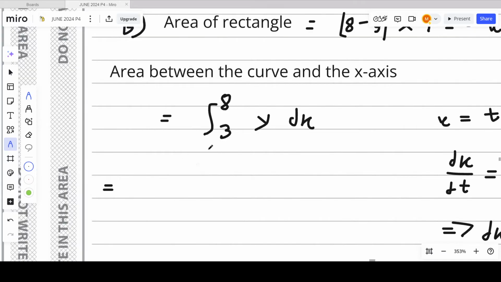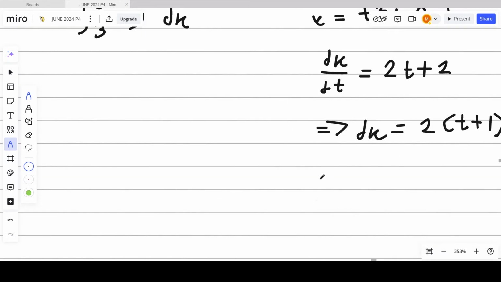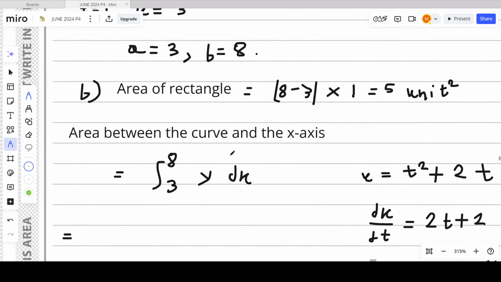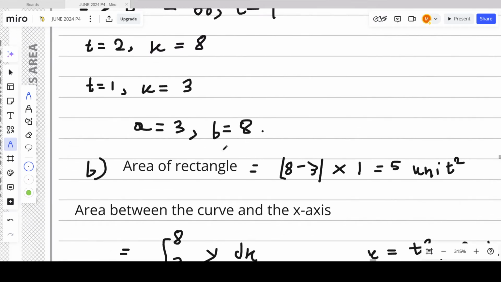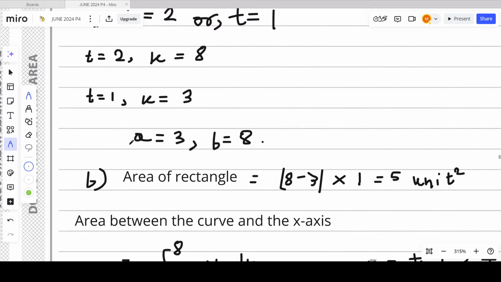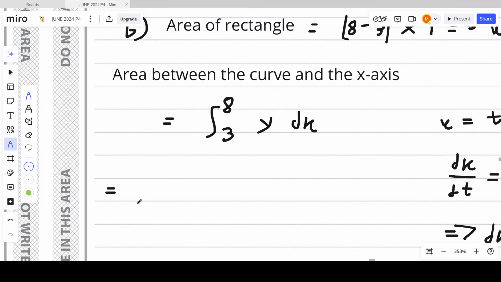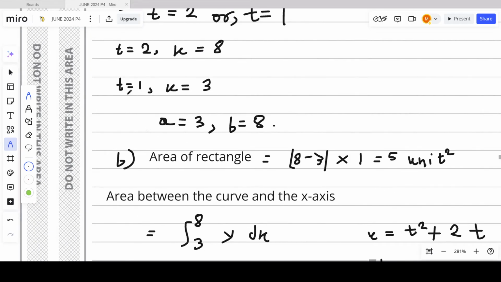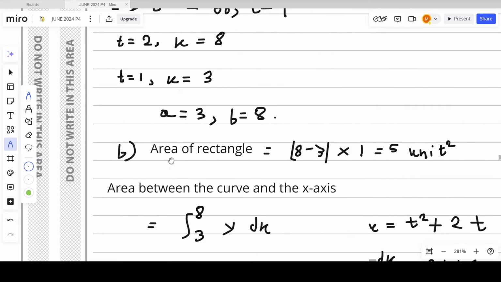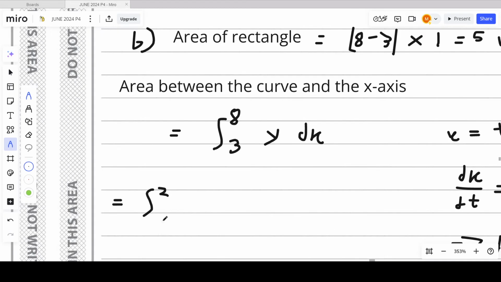If x equals 8, the value of t we got earlier in part A was t equals 2, so the upper limit would be 2. And for x equals 3, the value of t was 1.